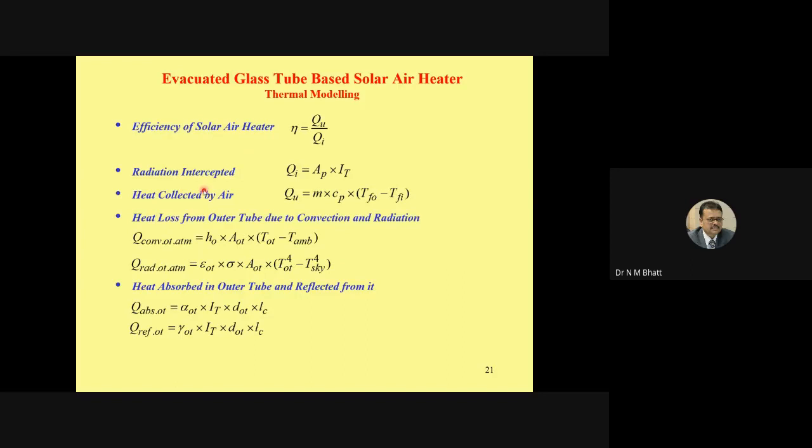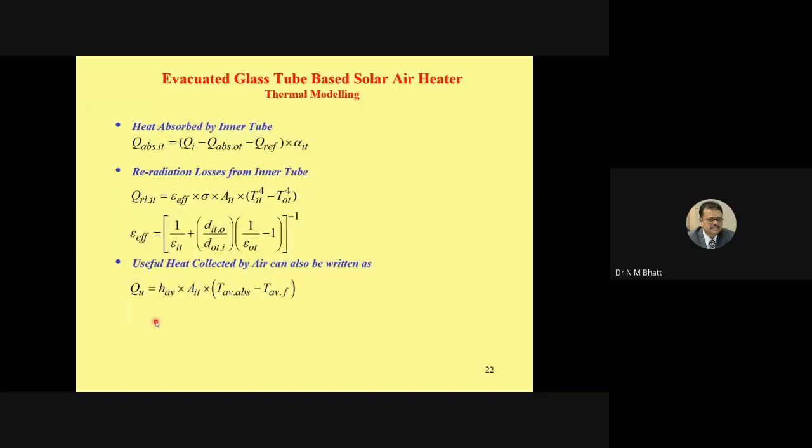So it is Qi minus these two equations, into alpha, that is the absorptivity of the absorber tube, which is selectively coated. So that absorptivity could be 0.9, 0.91, or like that, a very high absorptivity. So that is estimated using this.